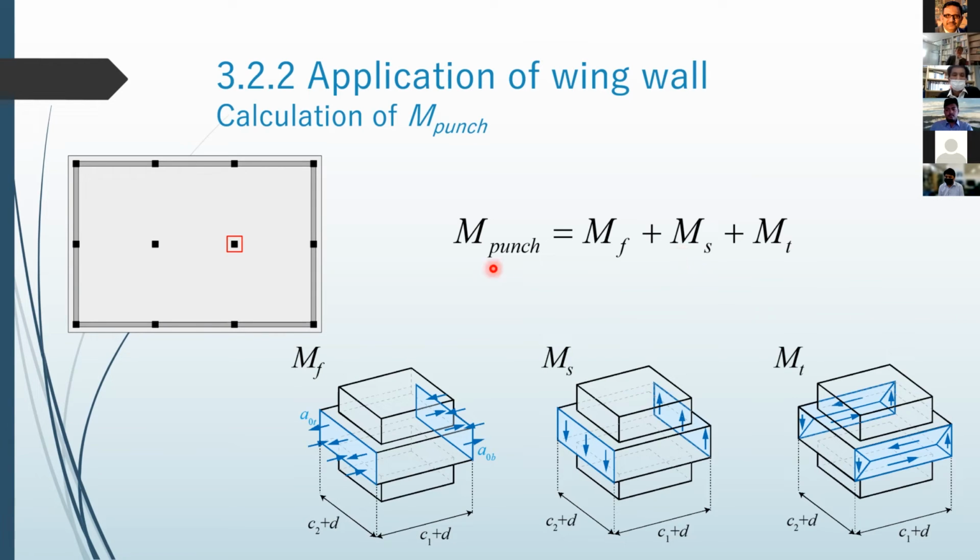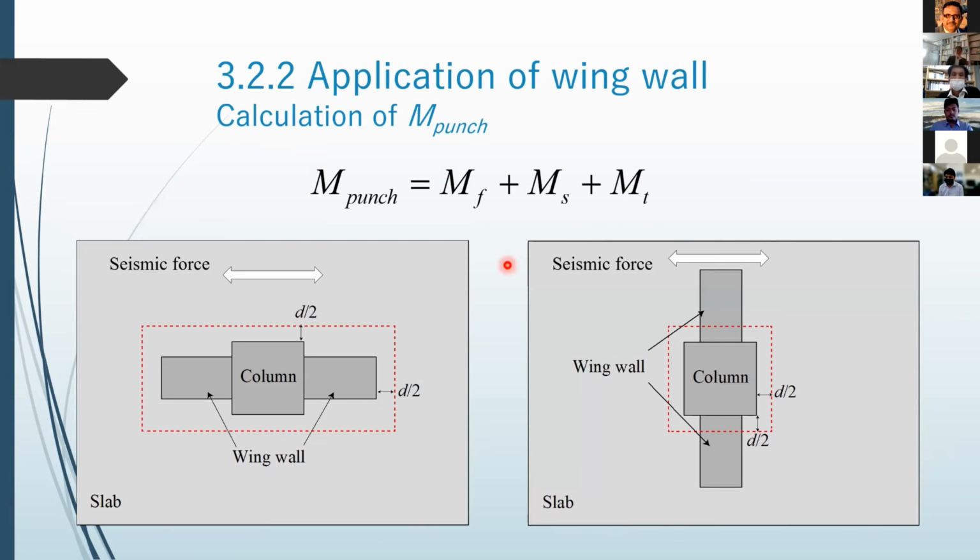It is before retrofit. So after retrofit, we can change the critical section of the punching shear failure. On the left-hand side, the seismic force is in this direction. So the wing wall is installed in the plane direction to the seismic force.